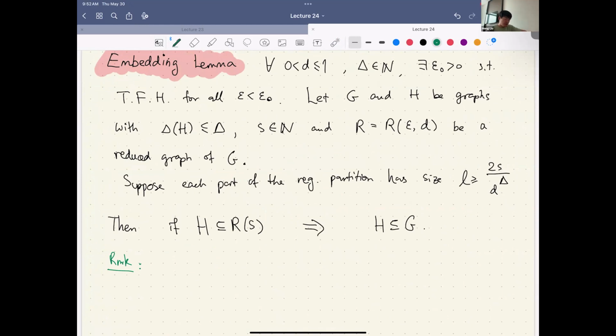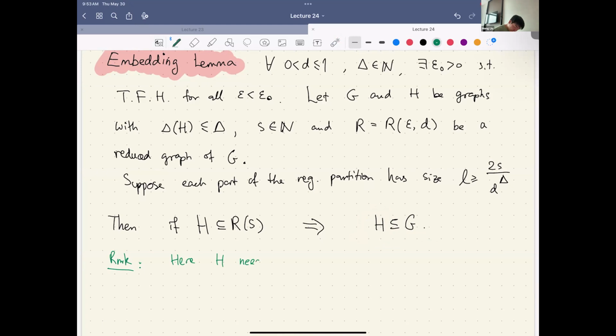The important remark is that here H need not be of bounded order.